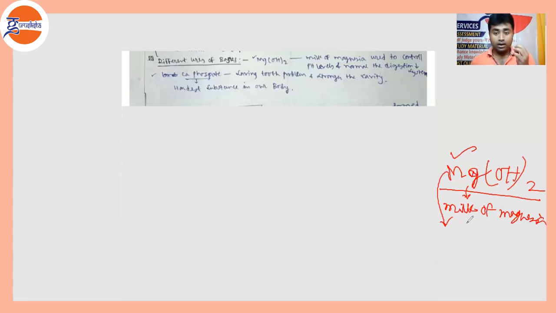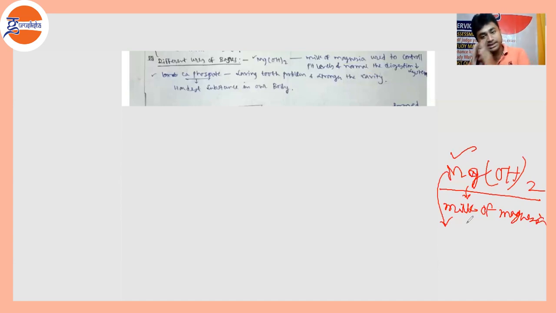So to control the pH levels, when the pH level falls, acid is released in our body. So that's why the metabolism is not working properly, and the digestive system goes in an unsystematic way.